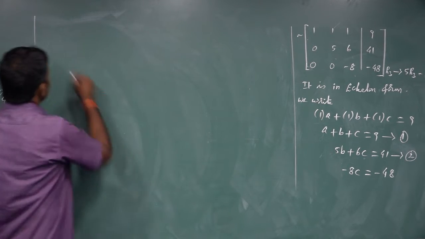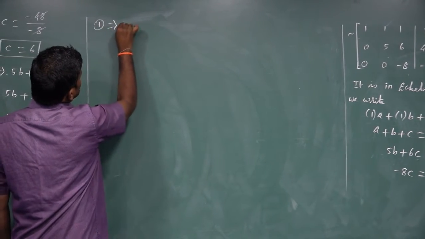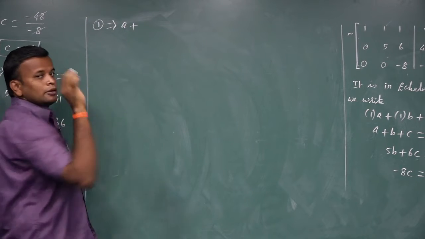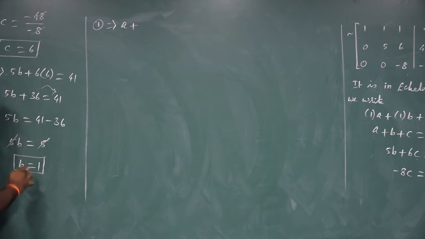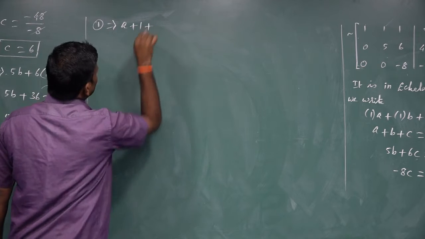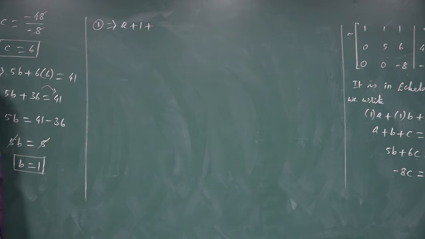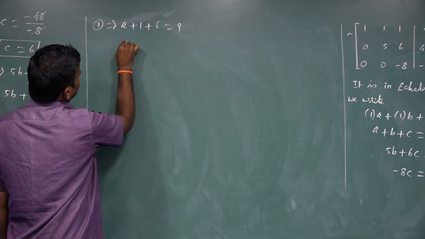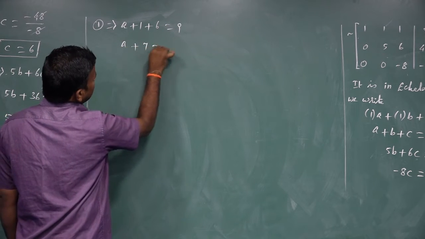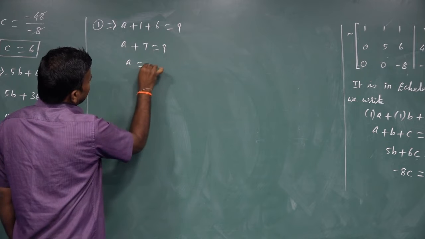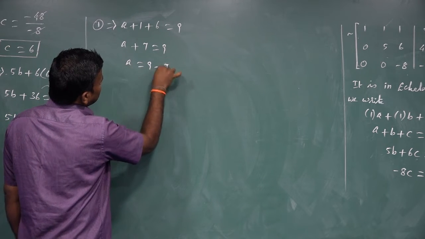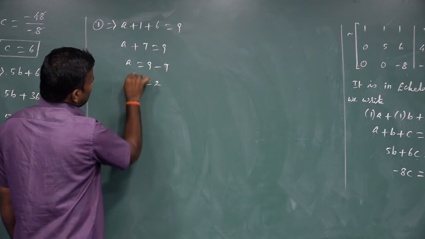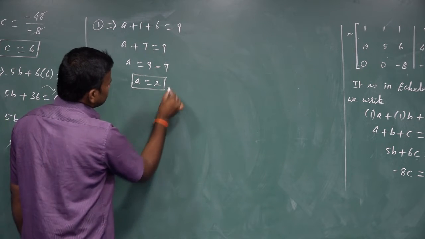A plus B, the value of B is 1, plus C, the value of C is 6, is equal to 9. So A plus 7 is equal to 9. A is equal to 9 minus 7. The value of A is 2.